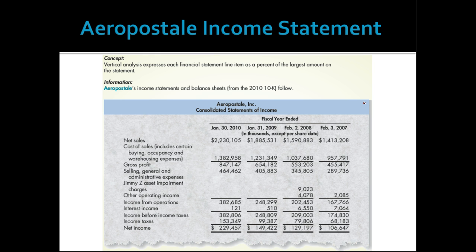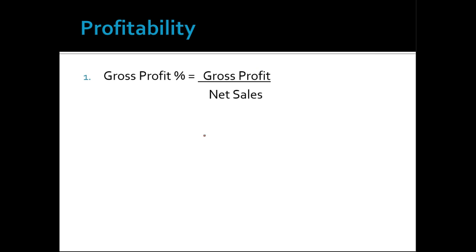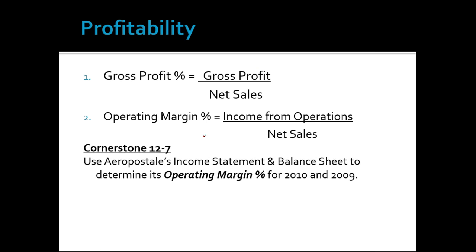So we're going to find income from operations, $382,685,000, and we're going to divide that by net sales of $2.2 billion and change. If I plug that into my calculator, I'm going to discover 17.16% is Aeropostale's 2010 operating margin.